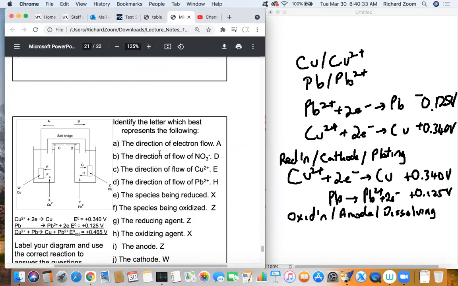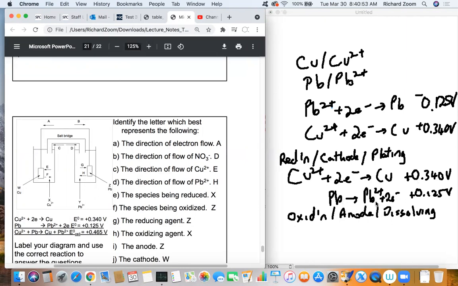Now, the direction of electron flow. Electrons are flowing through the wire that joins the two electrodes together. So the answer for A here can only be big A or big B. So which direction is it? Well, looking at the reaction, you can see which way the electrons are flowing.